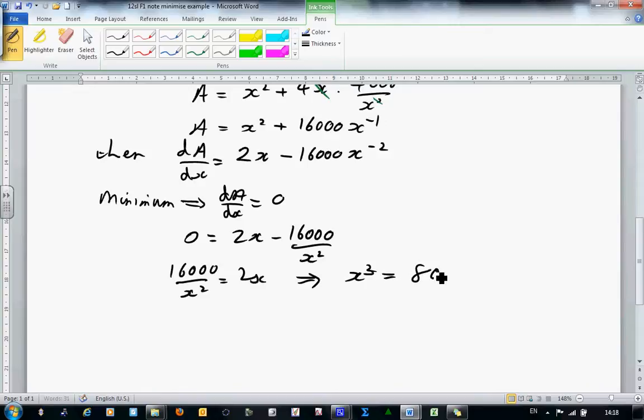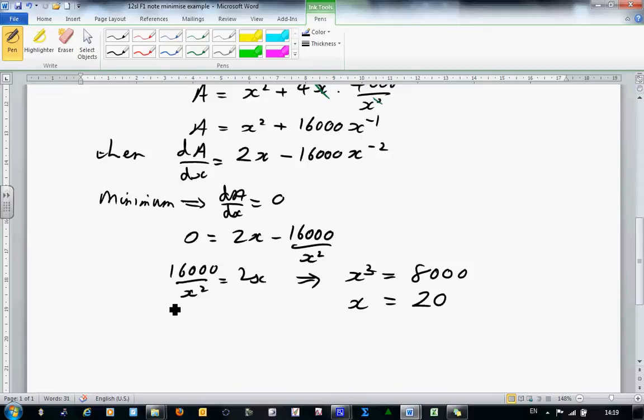Okay. Now that's all well and good, but are we certain that this is a minimum or a maximum? So we just need to check that, and we can do a couple of things here. We can do a sign diagram and check for that. So if we look here, what have we got?